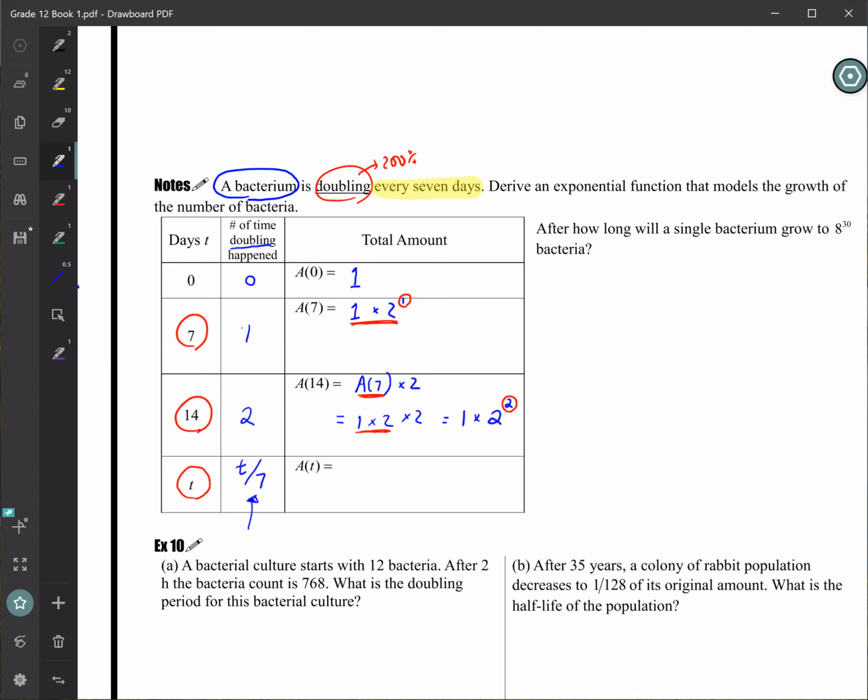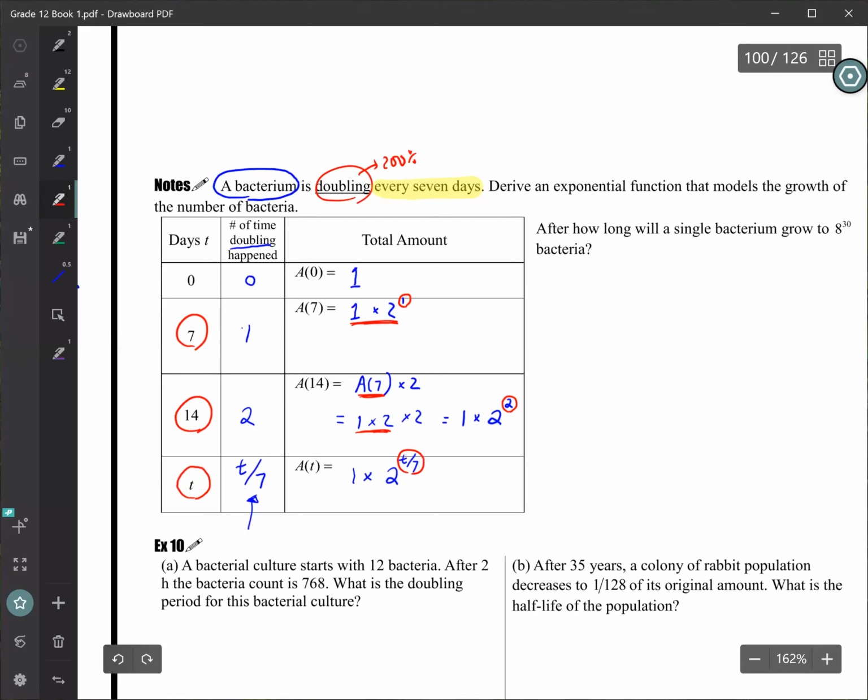What's the function to write out? 1 times 2, and then the exponent is t over 7. So if it's t days, then the exponent is t over 7.